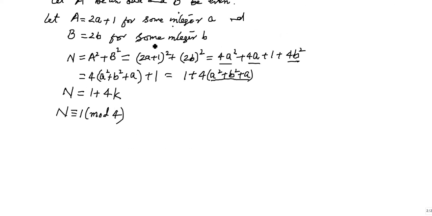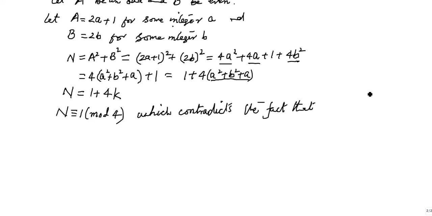So that is the contradiction, which contradicts the fact that n is congruent to 3 modulo 4. That is it.